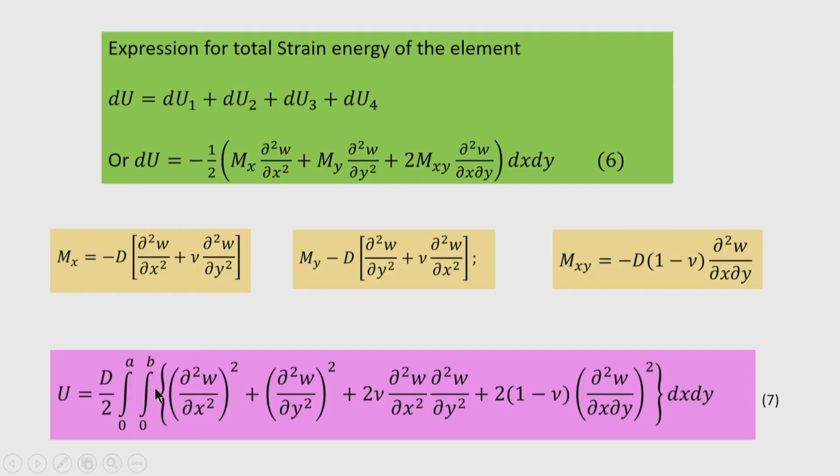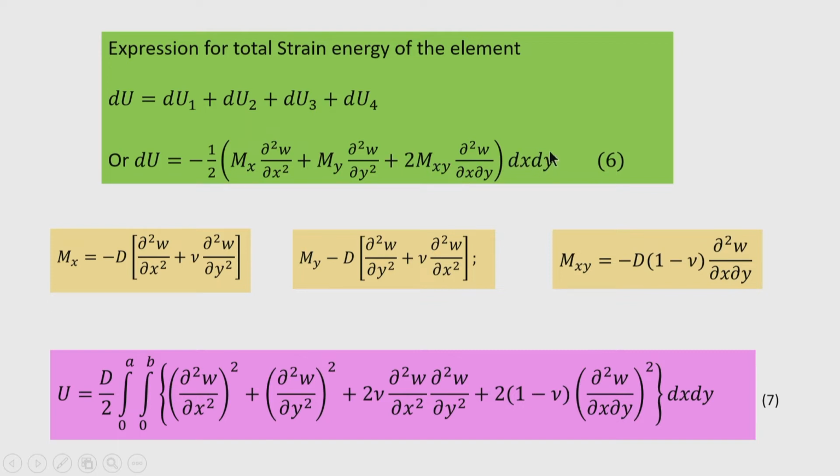Adding all these components, dU equals dU1 plus dU2 plus dU3 plus dU4, we get ultimately minus half of Mx ∂²w/∂x² plus My ∂²w/∂y² plus 2 Mxy ∂²w/∂x∂y, and dx dy is coming.